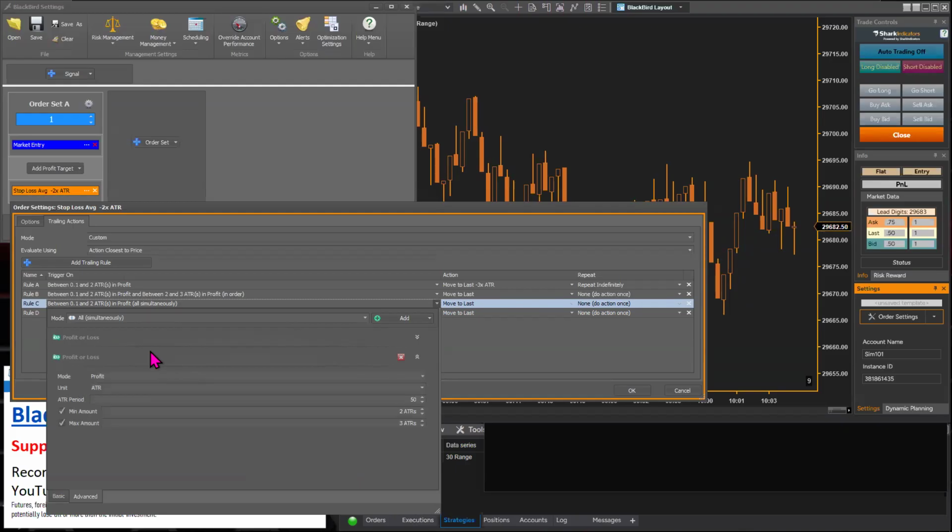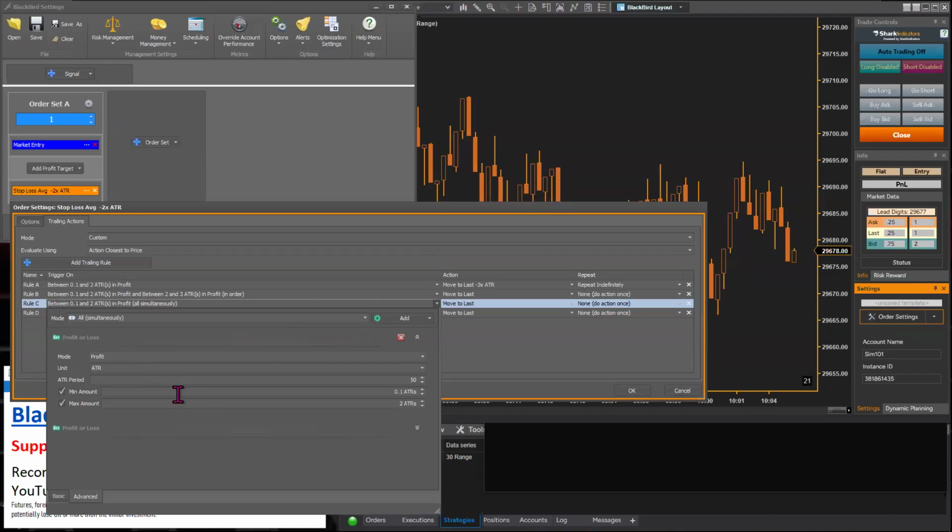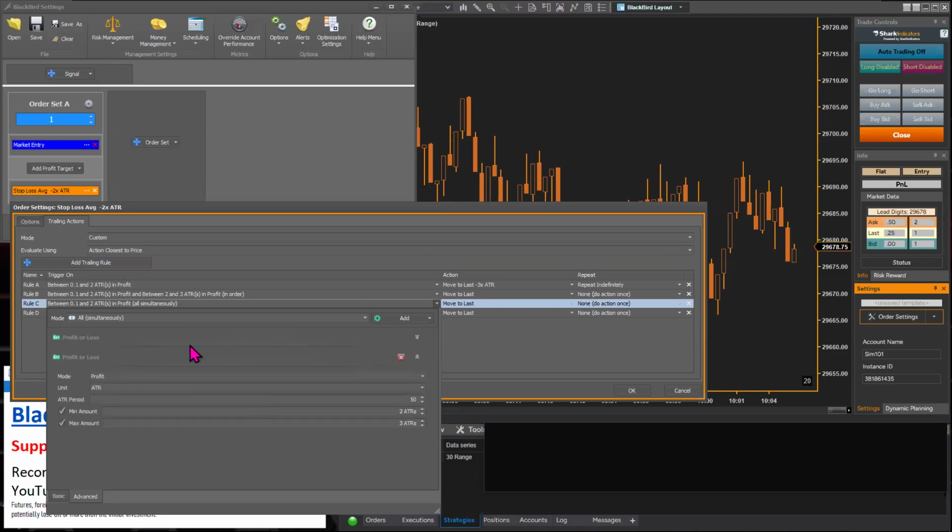So rule C here looks just like rule B so far. We have 0.1 to 2 as the profit or loss trigger up on top, and then the second one down below is 2 to 3. And also remember to change the mode. So we need all in sequence there. All right, there we go.